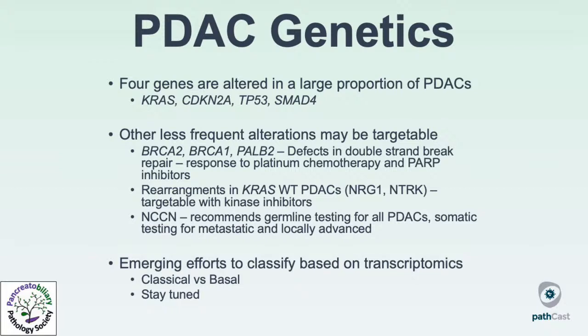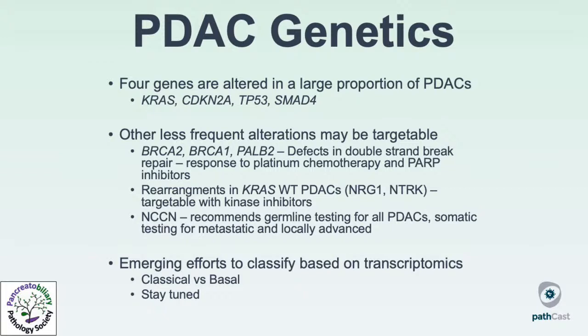So the alterations in BRCA1, BRCA2, and PALB2 are most commonly germline, though they are occasionally somatic. The other alteration to keep in mind is rearrangements in KRAS wild-type PDACs, like some involving genes like NRG1 and NTRK. These can be targetable with kinase inhibitors, so they're quite uncommon, but they make a big difference for the patients who have them.